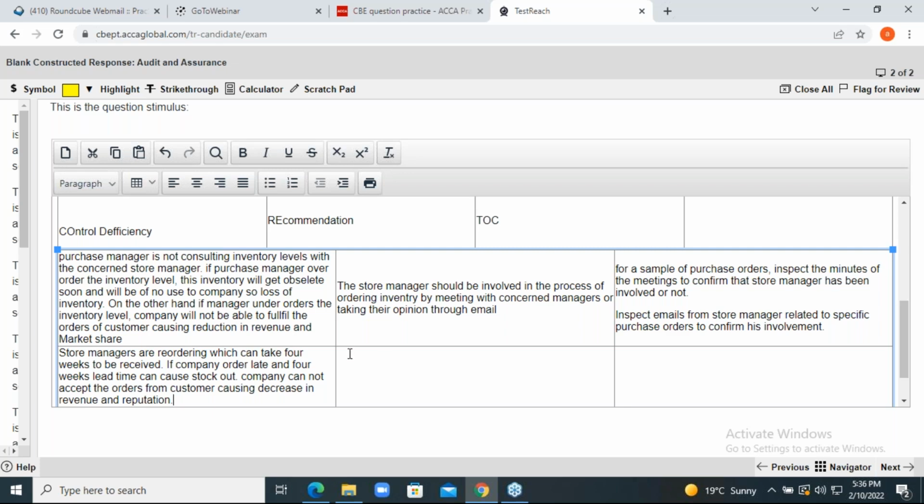Now, this is the point. This is the control deficiency. You should not just focus on identifying the deficiency. You should go in detail. You should get out of your comfort zone and try to write in detail the effect or the impact of this deficiency towards the organization objectives.